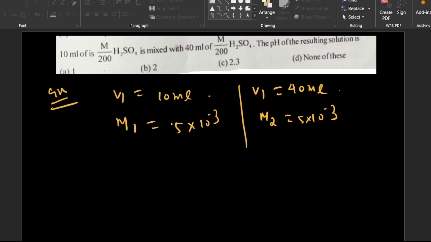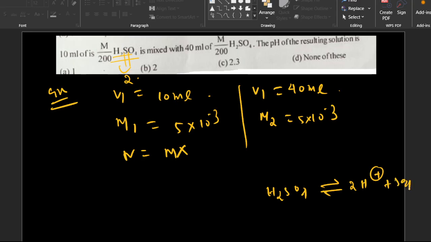So now for the mixed solution, since normality equals molarity into x, here x is how much? 2, because H2SO4 dissociates into 2H plus and SO4 2 minus.